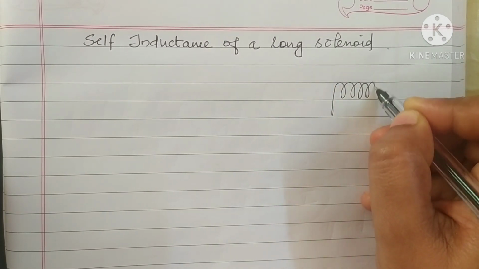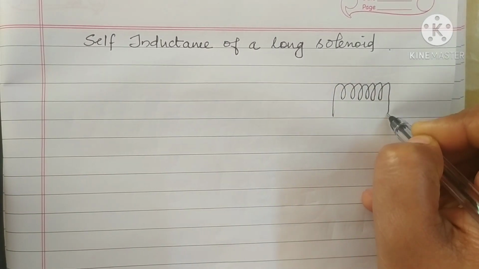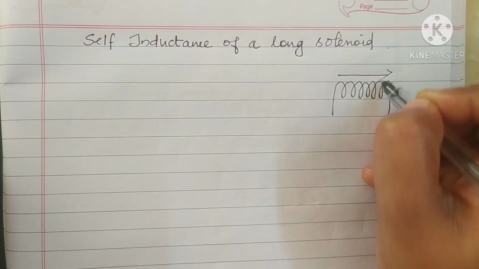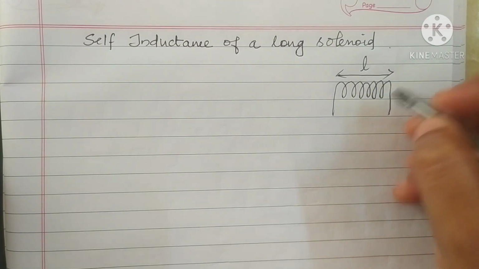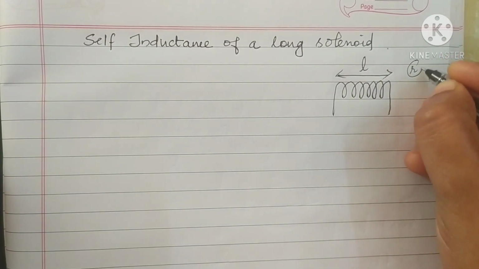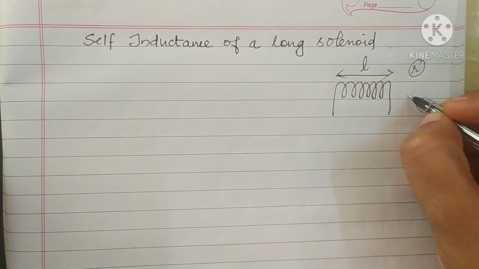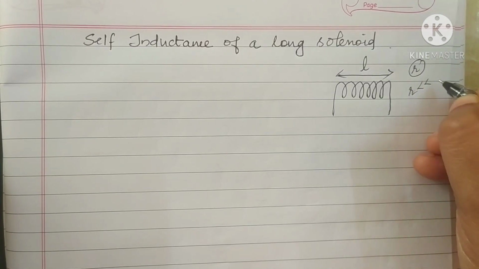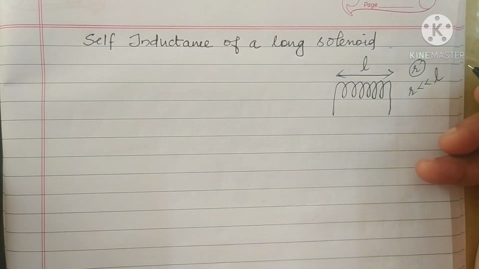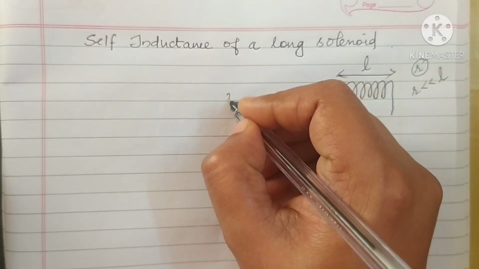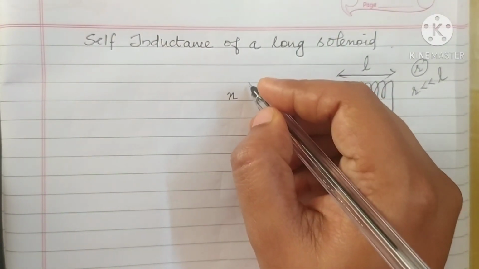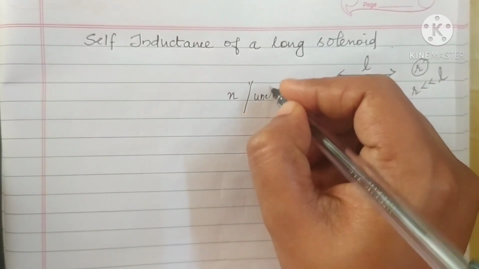Let us consider a solenoid having a length L, and the radius of the solenoid is taken as R. Here we are assuming that this R is very, very small compared to L. And suppose this solenoid has n number of turns per unit length.